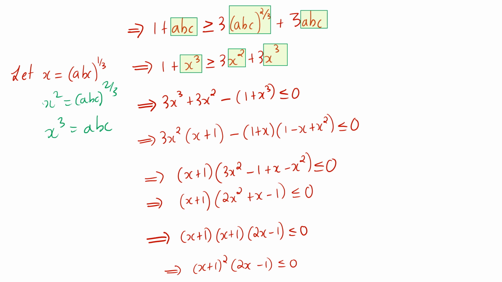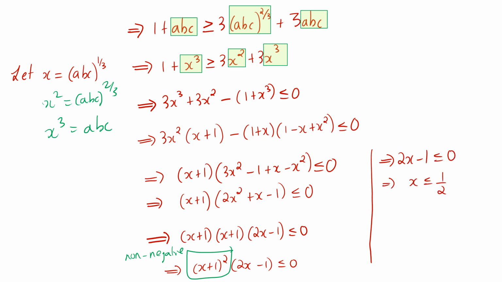Okay, so now if you look at this inequality pretty carefully, this is a positive term, right? Because it's a square term. I mean, it's non-negative. That's a better way to say it. This is non-negative. So the only way for the whole thing to be less than or equal to 0 can only happen if 2x minus 1 is less than or equal to 0, which basically means x is less than or equal to 1 by 2.